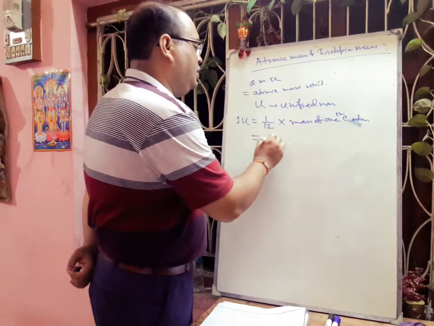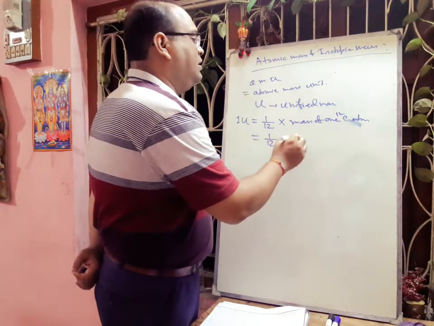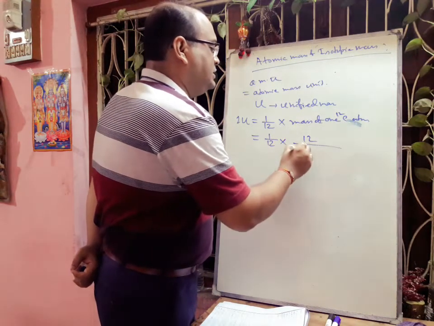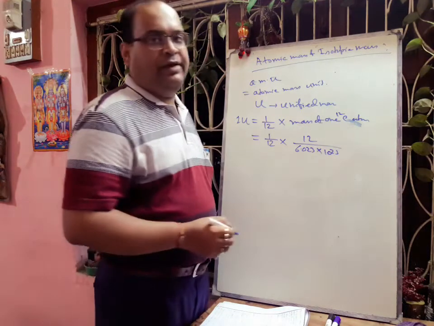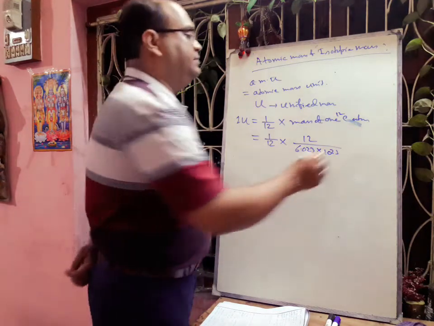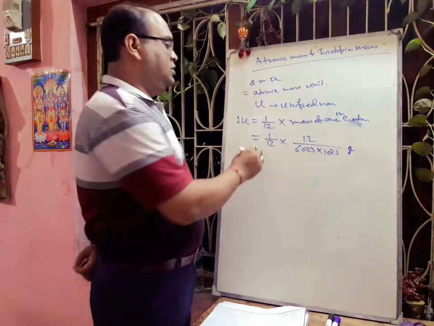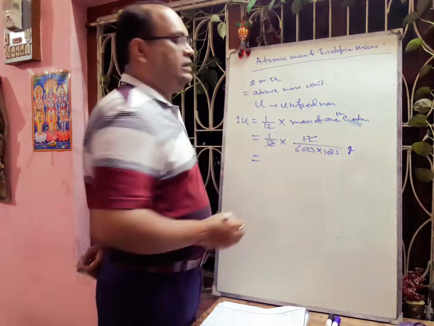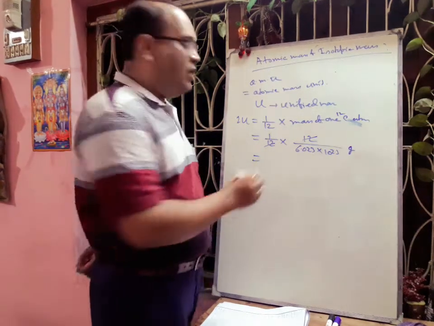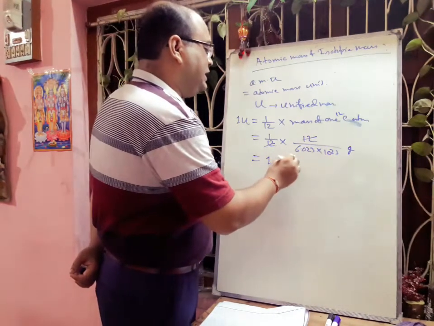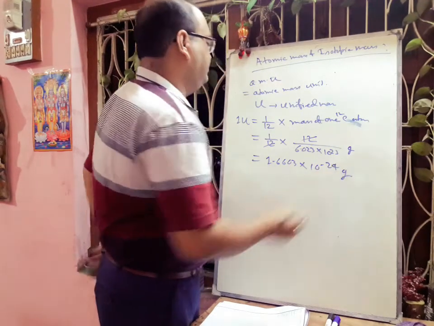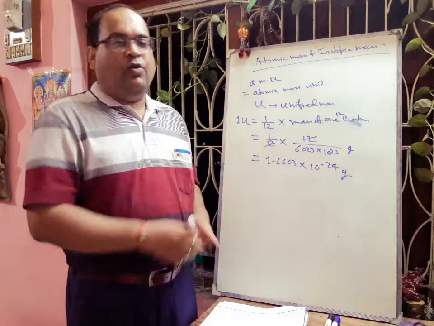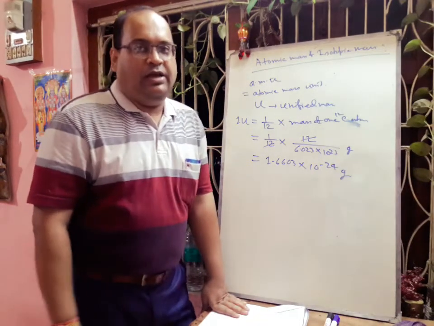So here it will be 1/12 times 12 divided by 6.023 into 10 to the power 23, in gram. So from here if we calculate, we will get the value 1.6603 into 10 to the power minus 24 gram. That will be equal to 1 AMU or 1 U.